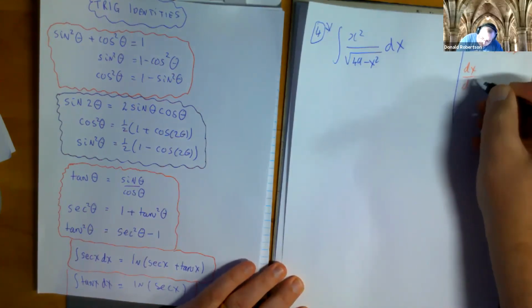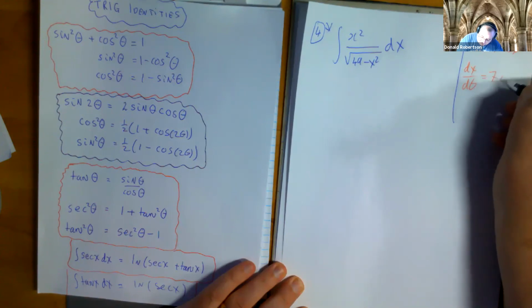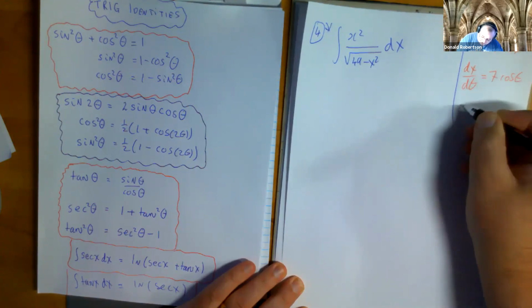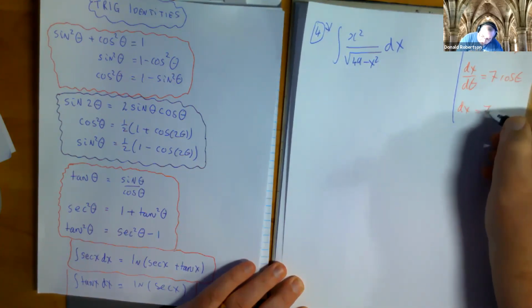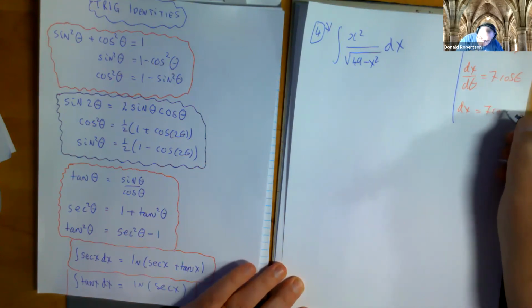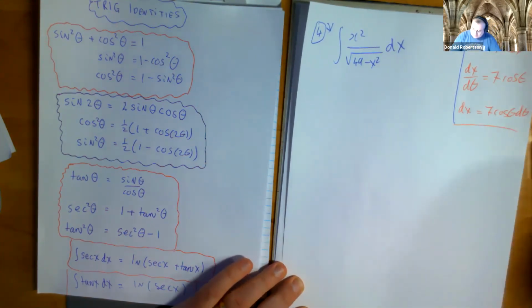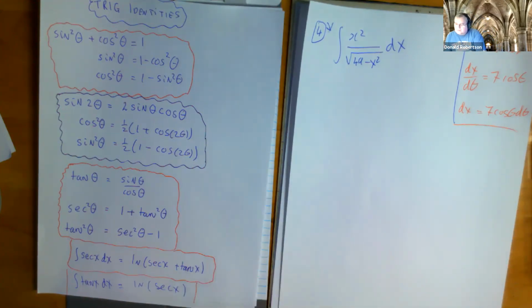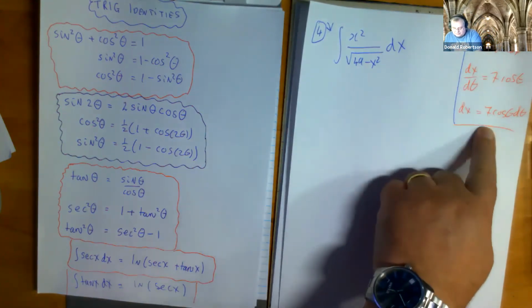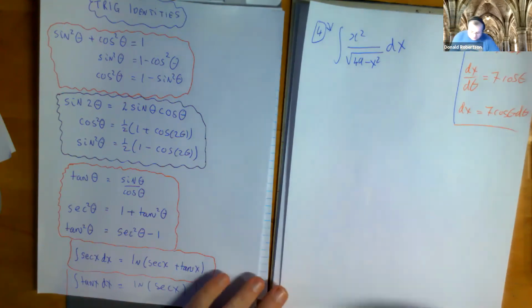So dx by d theta is 7 cosine theta. And I have to do this a bit quicker because we only have a certain amount of time left. Are you happy about that line? Although I zoomed through it. 7 sine gave me eventually this guy.